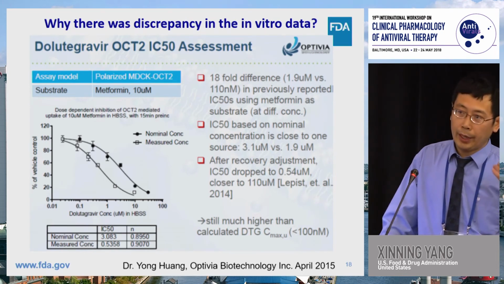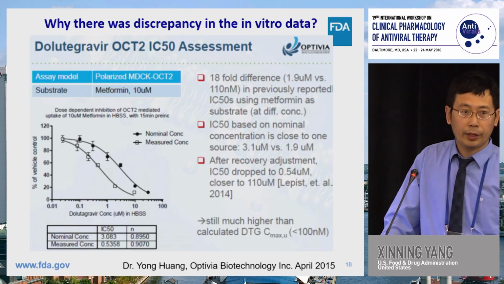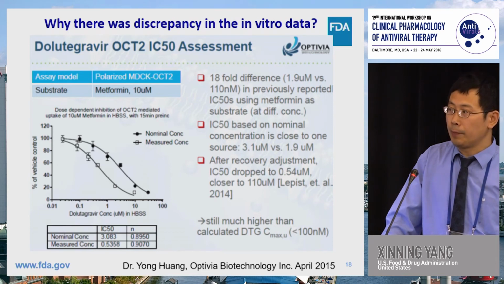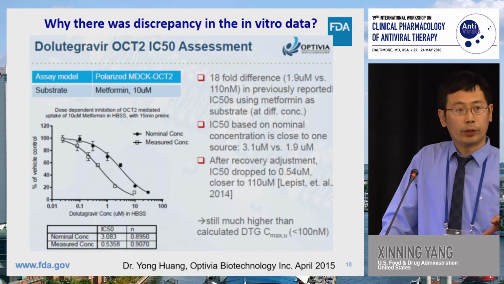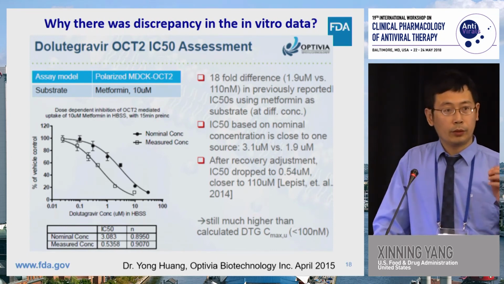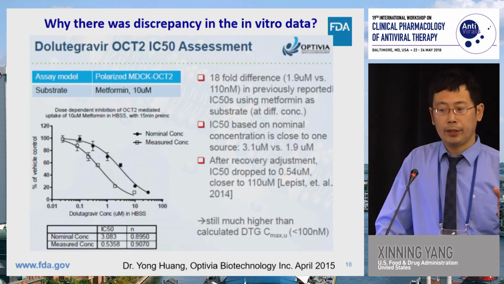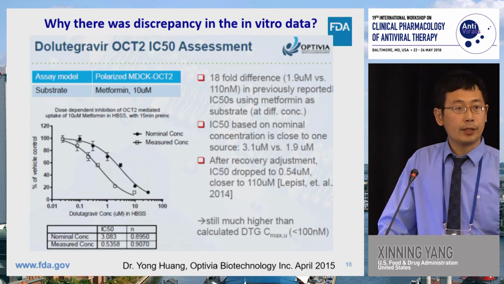If you added 10 micromolar dolutegravir into the plate, you just use this 10 micromolar. However, if you measure the concentration, you will find that the concentration in the preparation is actually lower than 10 micromolar, because quite an amount of dolutegravir sticks to the wall of the plate. So the concentration in the medium is significantly less than 10 micromolar.